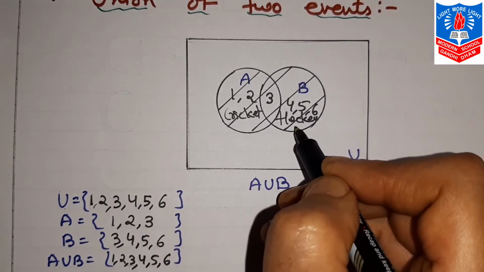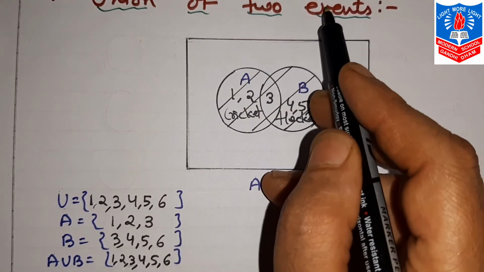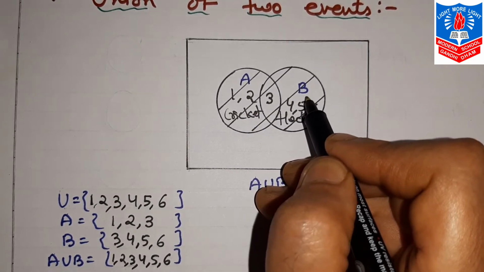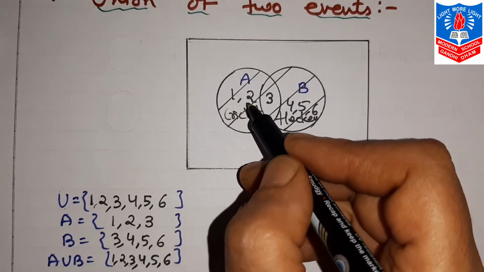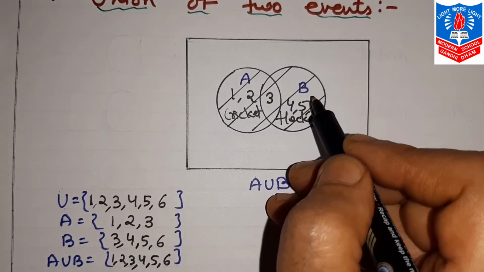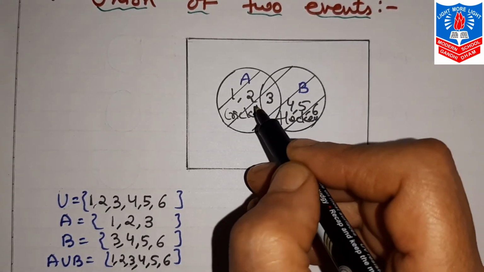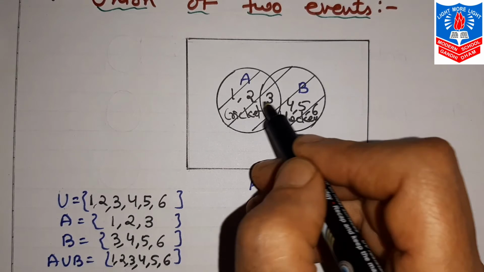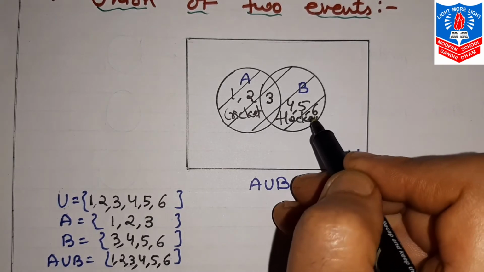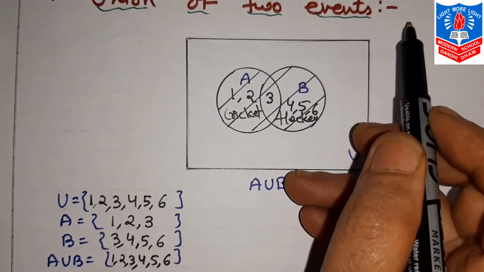Same way, if he plays hockey, then also it is called union of two events, because that boy is common for event A as well as B. Here, if it is given that one boy plays cricket, that is event A, and another boy plays hockey, that is event B, then this union won't be this way. But because of the same boy, if he plays both games, cricket as well as hockey, or only cricket, or only hockey, then in that case it is called union of two events.